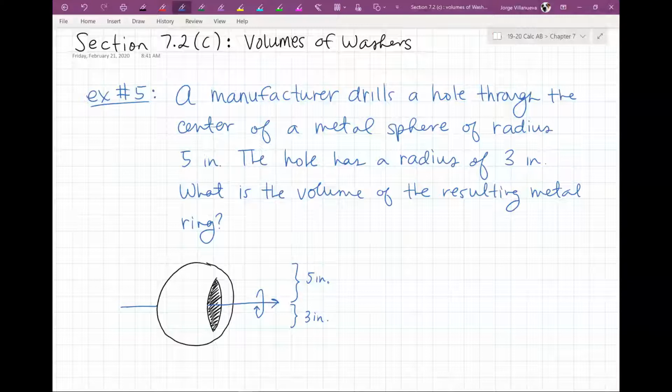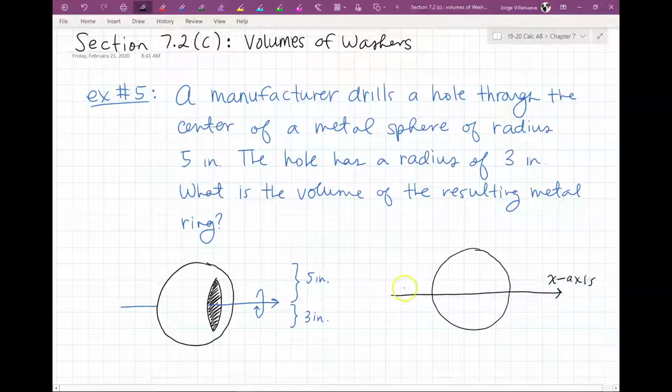Okay, so in a sense, what we're trying to figure out is, I know I can get a circle that's flat, and if I put it against, let's say, and this may not be perfectly lined up, but let's say I rotate it about the x-axis.